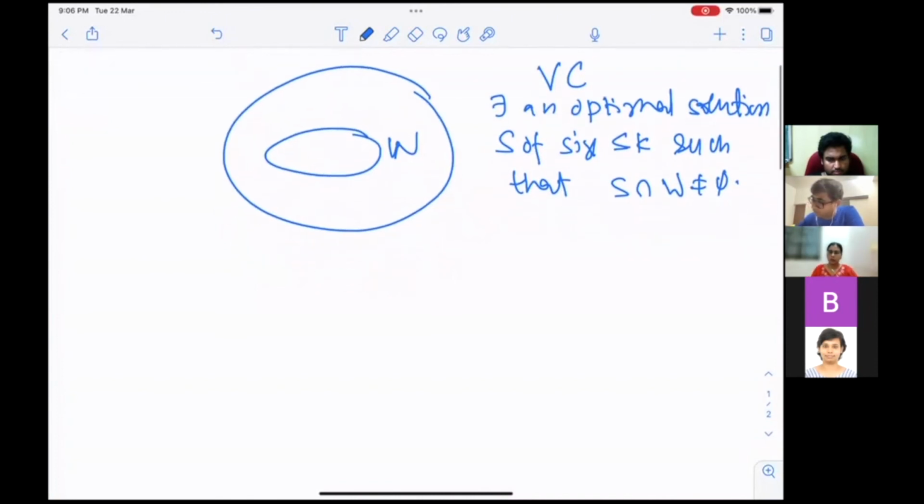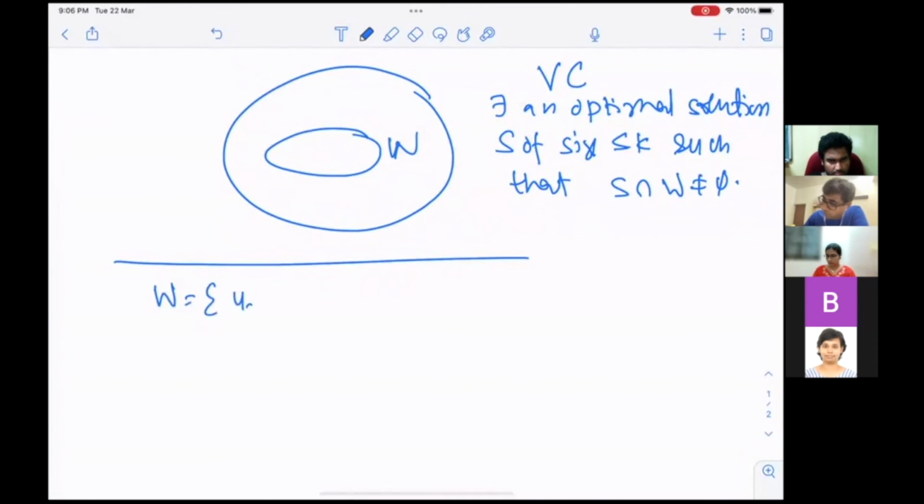And then we realized that, in fact, we can take W equal to U comma V, where UV is an edge, and get actually a 2 power K algorithm.